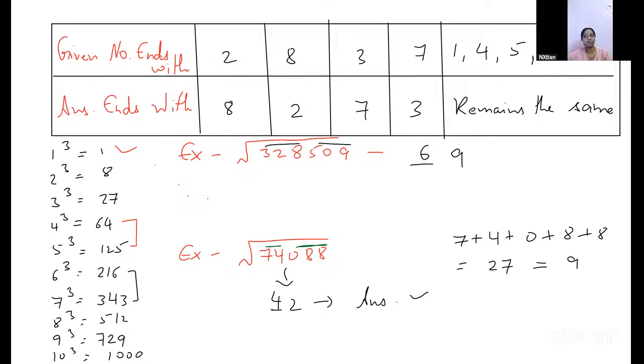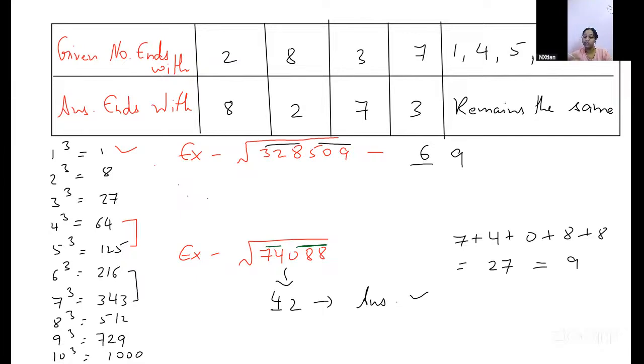I know it is not applicable to numbers which are not perfect cubes, but we are able to find the root here, so I don't know where the problem is coming from. We'll work it out.